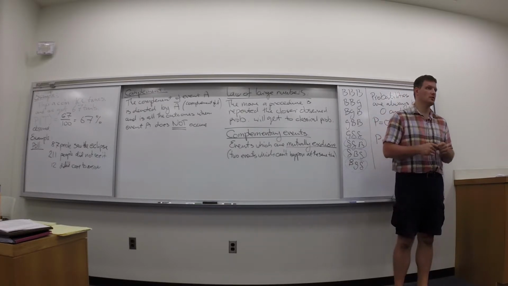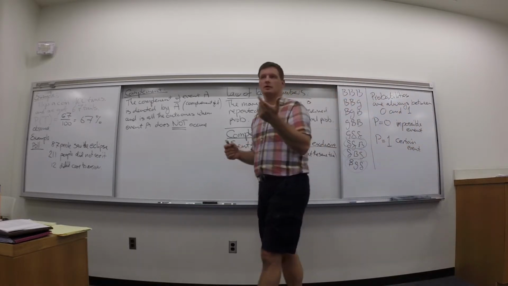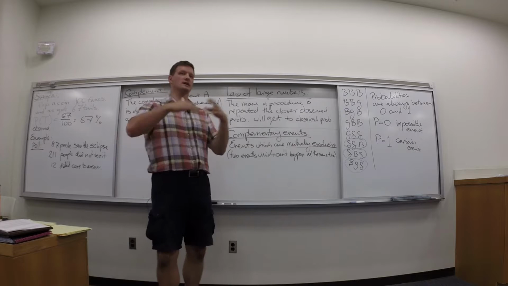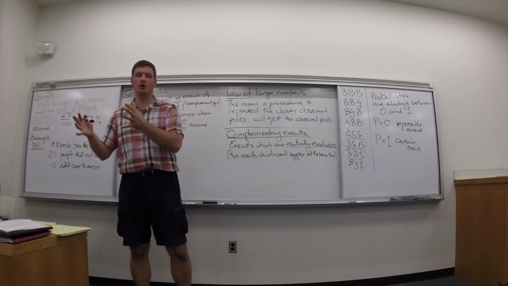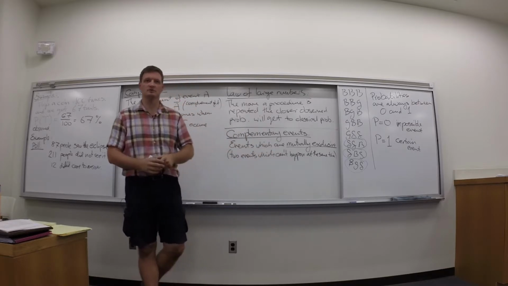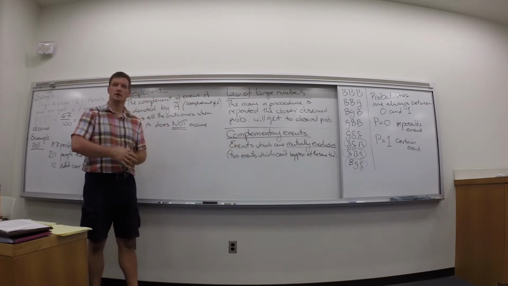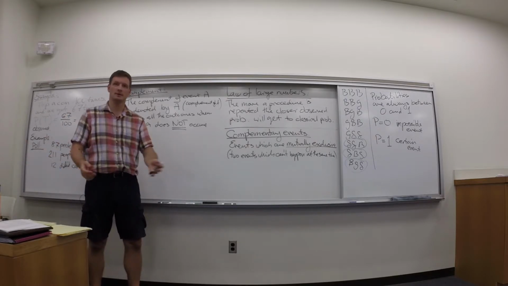For example, if you're looking at giving birth, boy and girl. Or if you're looking at the grand scale, you either have a kid that is a boy, or you have a kid that is a girl, or you don't have a kid. That's a complement as well. If you have a coin, heads or tails, either you get heads or you get tails.